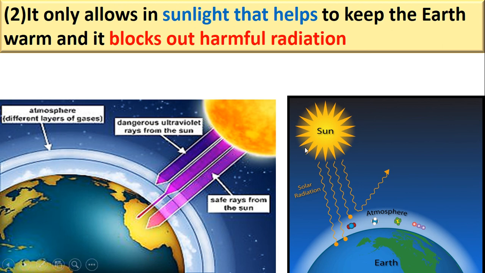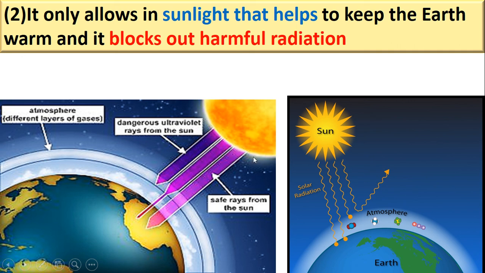The atmosphere allows the good sunlight which helps us to keep the earth warm, and it doesn't allow the bad and harmful sunlight to pass through the atmosphere to the earth. So the atmosphere is protecting us from the bad and harmful sunlight.